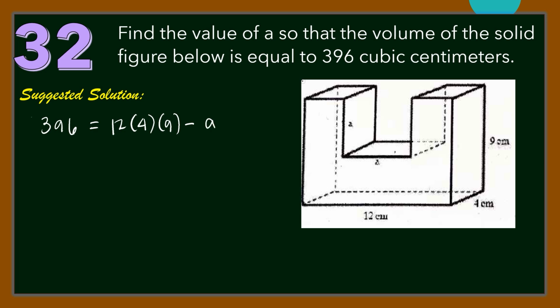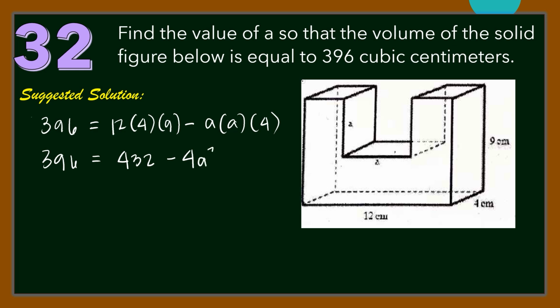So we have 396 equal to 12 times 4 is 48. And then 48 times 9 is equal to 432 minus 4a squared. That's 4 times a times a.